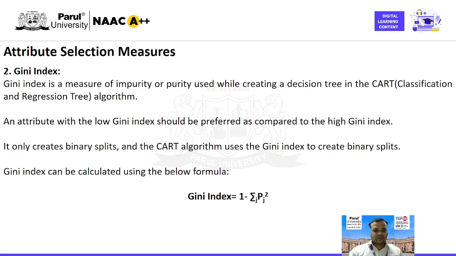It only creates binary splits, and the CART algorithm uses the Gini index to create binary splits. So Gini index can be calculated by using this given formula: Gini index is equal to 1 minus summation of j, p of j to the power of 2.